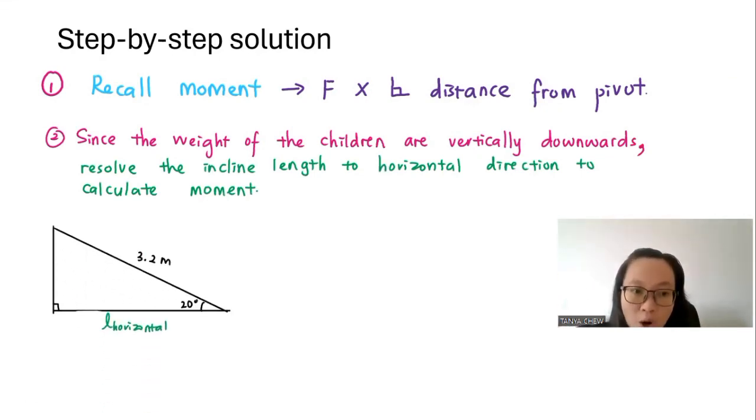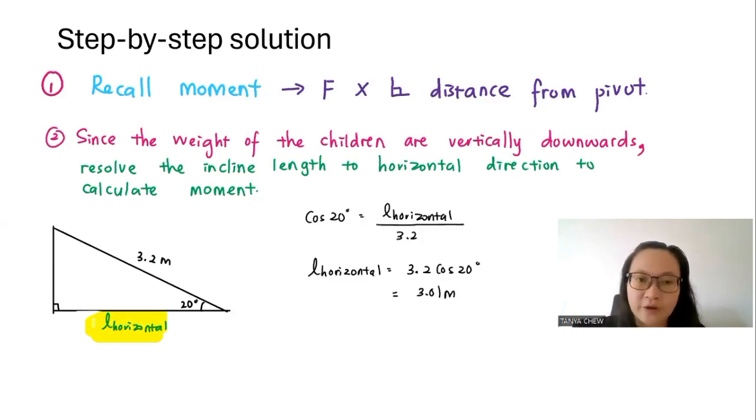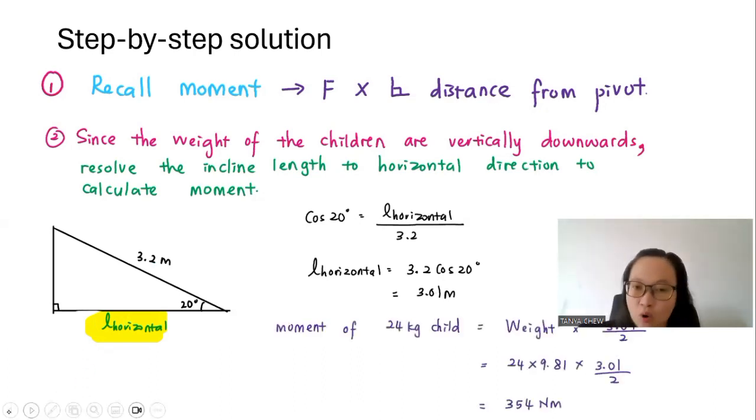The length of the inclined plane given here is 3.2 meters, and the angle is given. When I resolve into the horizontal direction, I do cos 20, and my length in the horizontal direction is 3.01 meters.